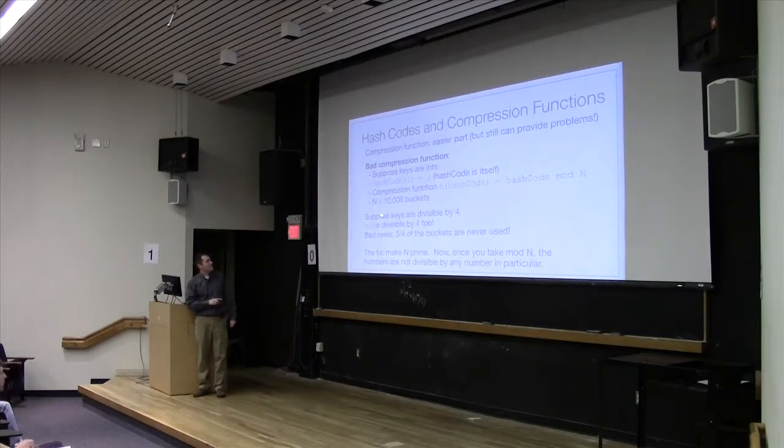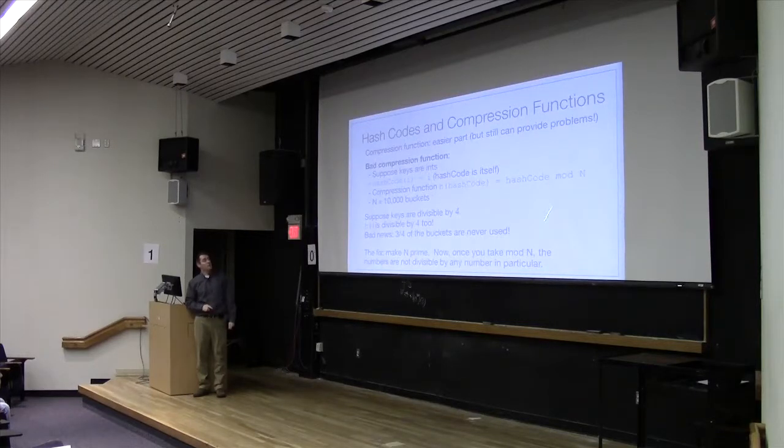That one's not good. Let's say the keys are actually divisible by 4. Well, guess what? Your hash is also divisible by 4, and therefore 3/4 of the buckets are not used. Right? So that would be a bad hash function. If you had all this space and only ended up putting keys into 1/4 of the positions, that's a bad hash function.